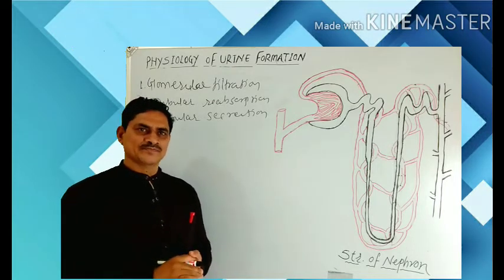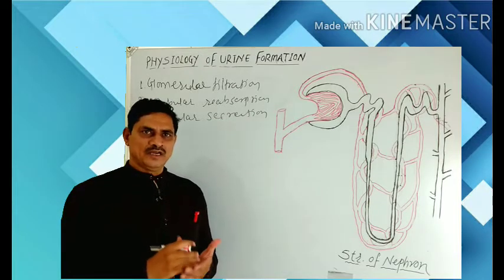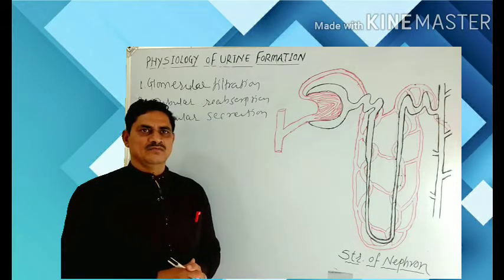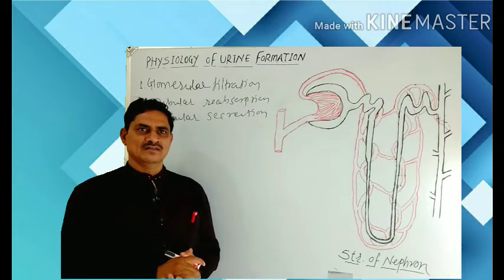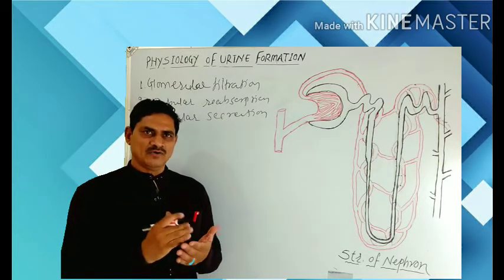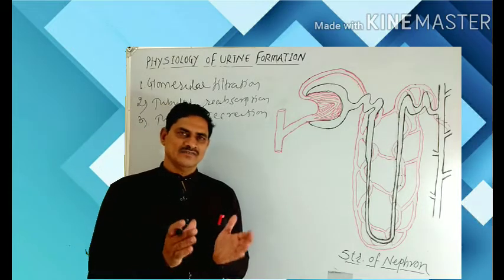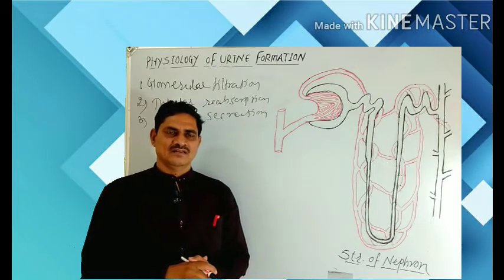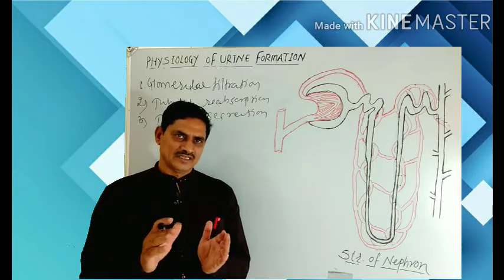So, friends, before proceeding further, we should summarize some basics which we have learned in the previous video. Friends, in the previous video, we learned what excretion is, which are the different categories of the excretory products, and which are the different types of excretory organs in the different animal groups.